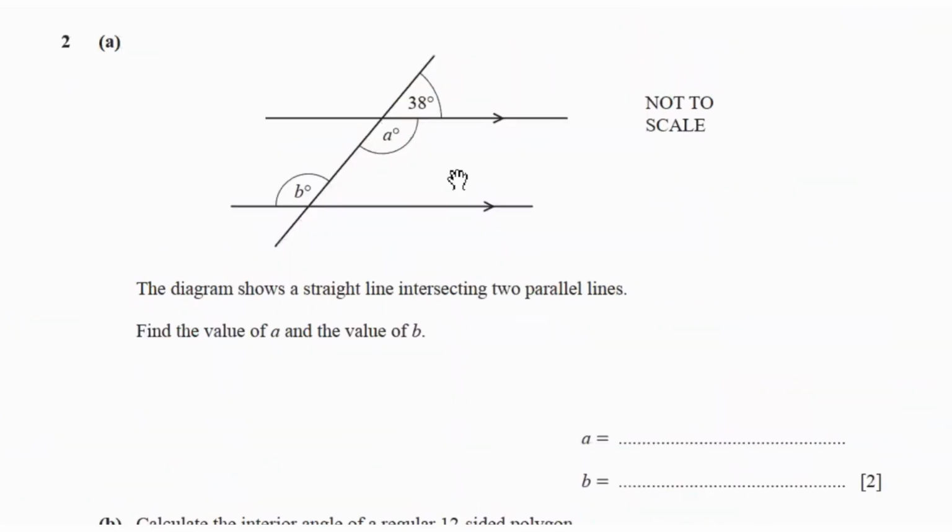Question 2 says diagram shows a straight line intersecting 2 parallel lines. Find the value of A and the value of B. So if this is 38, angle A is supplementary to 38. So A is 180 minus 38, which is going to give us 142 degrees. For B, A and B are going to be equal because they're alternate angles.